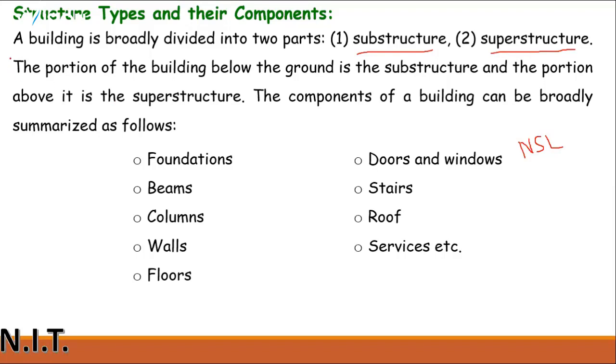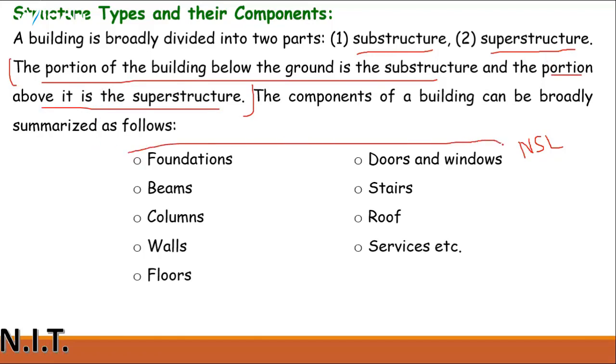It is also written here: the portion of the building below the ground is the substructure, and the portion above it is the superstructure. This is the first part and this is the second part. And these are the main components of a building: foundation, beams, columns, walls, floor, doors, windows, stairs, roof, services, etc.